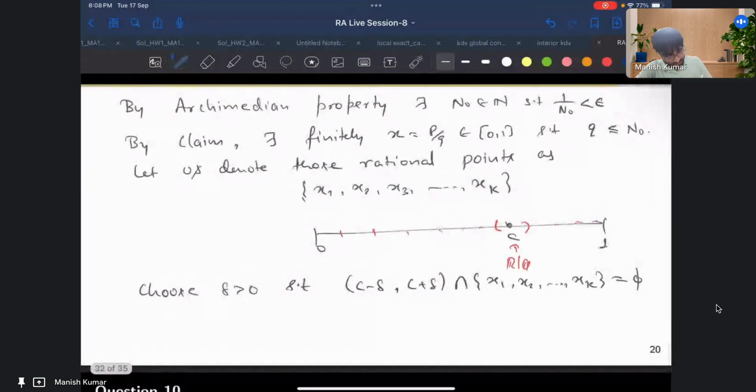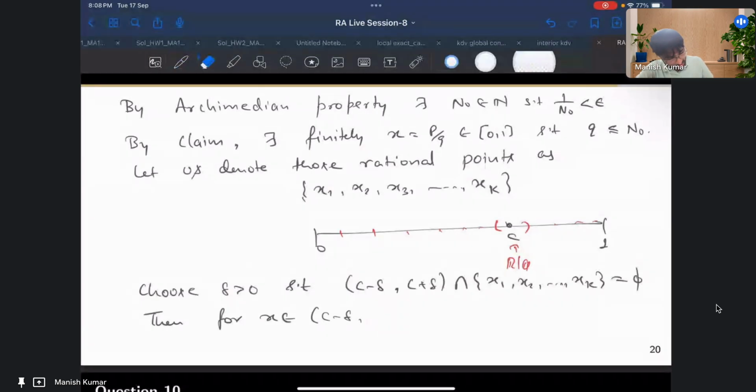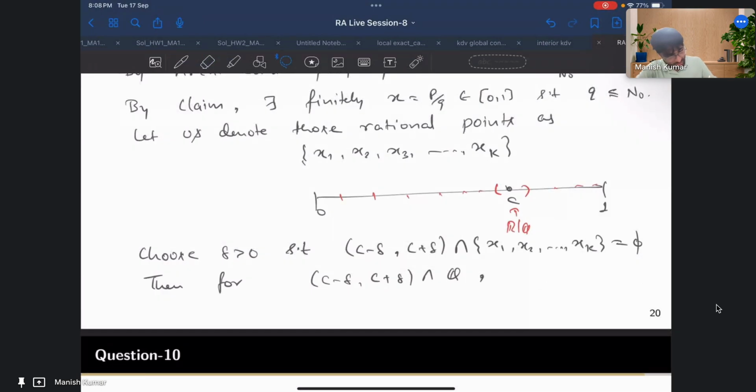Then for x belonging to (c minus delta, c plus delta) intersection Q, let me write it in the form x = p/q.